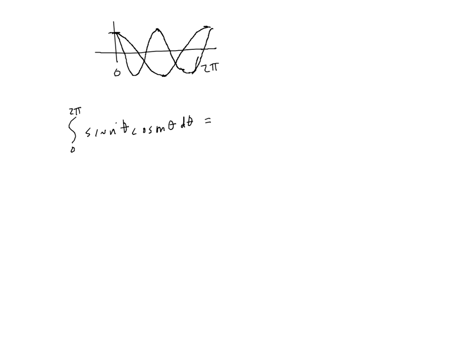Because if n equals m, then you have the integral from 0 to 2 pi of sine of n theta cosine of n theta d theta, which is equal to sine squared of n theta over 2n, evaluated from 0 to 2 pi. Since sine squared of n theta is periodic, that's going to give you 0.